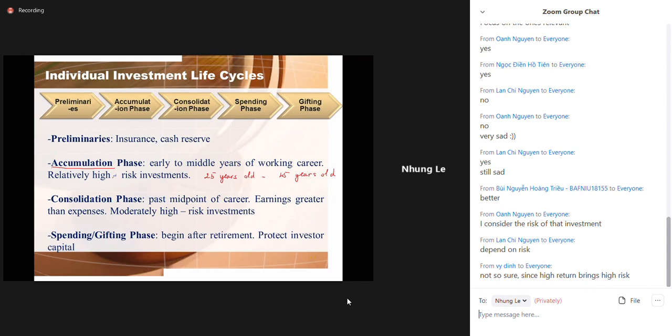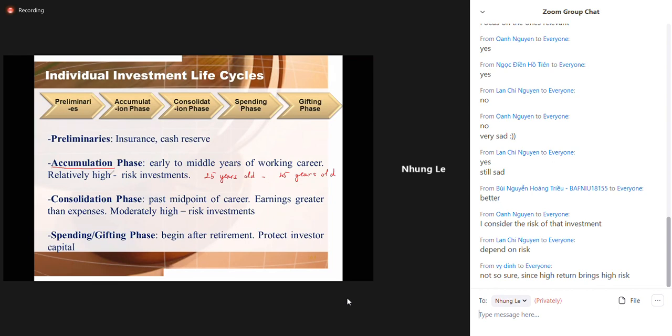The reason why? Because of the financial position in this phase. They just start developing their career, and the salaries they earn are not really high compared with what they spend on living. So the saving, the surplus, is not much.